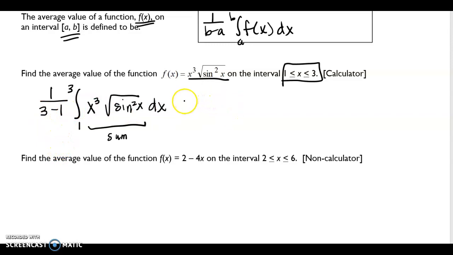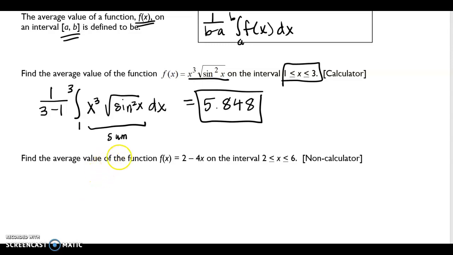And so then I just put this in my calculator using Math 9. Don't forget to multiply by 1 over 2 here. And you would get 5.848. So it's really just about knowing that average value formula, and then it's just plugging into your calculator from there.